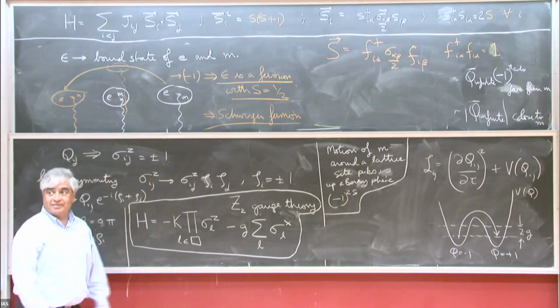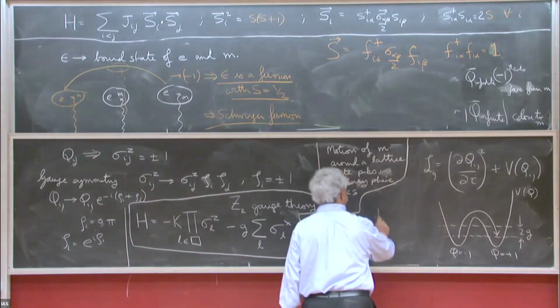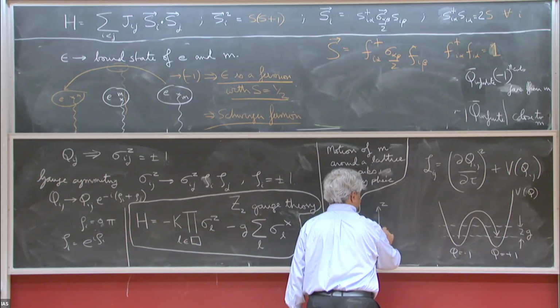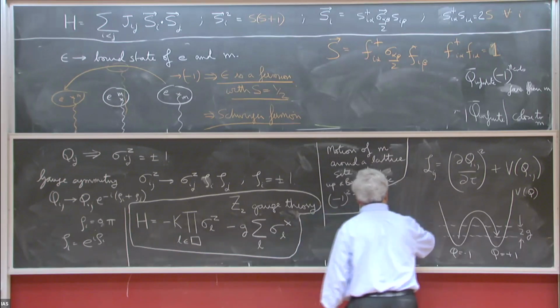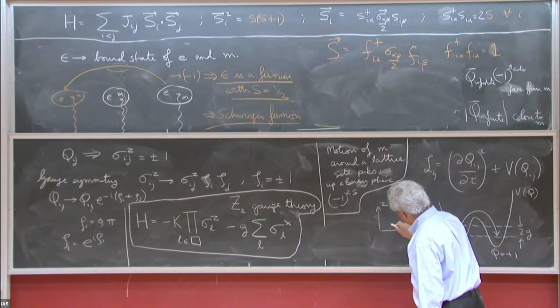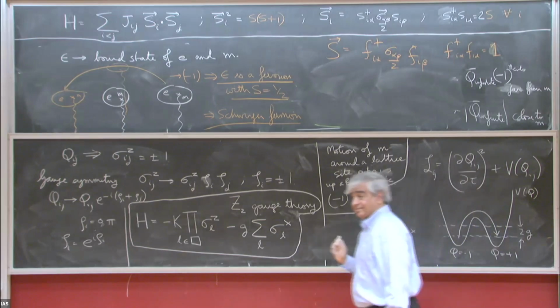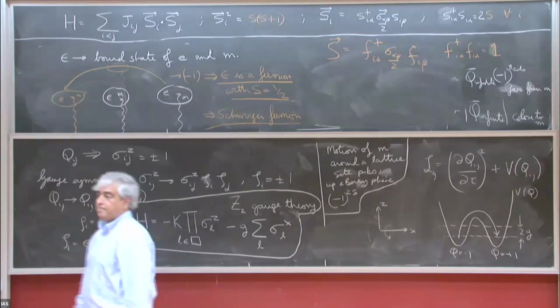So that's the gauge transformation that leaves sigma X in there. If this is Z and this is X, you perform an SU2 rotation where this goes to minus Z, so you rotate about this axis. Nothing happens to X. So sigma X is invariant.